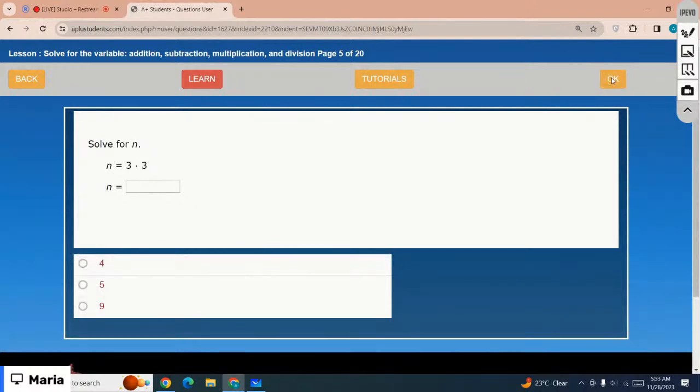N equals 3 times 3, which is the correct option? The correct option is 9. 3 times 3 equals 9.